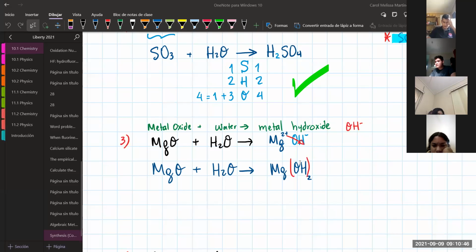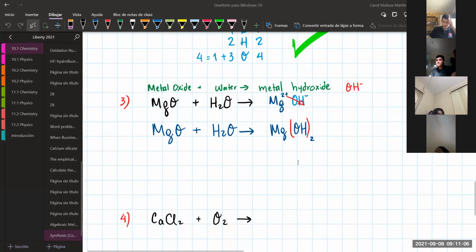Don't miss the parentheses because then you're going to have a different compound instead. Remember, because this is a polyatomic ion, when you crisscross the charge, that charge must multiply the whole ion, okay? And to multiply the whole ion, you put the parentheses.